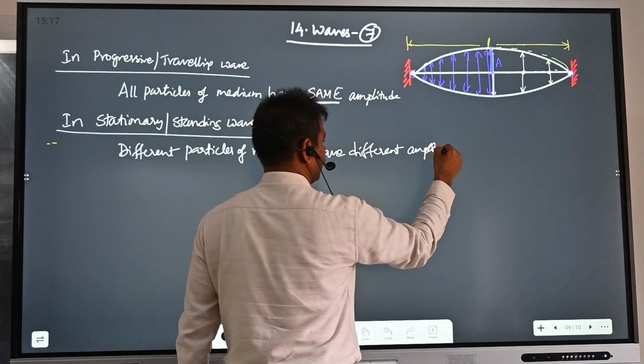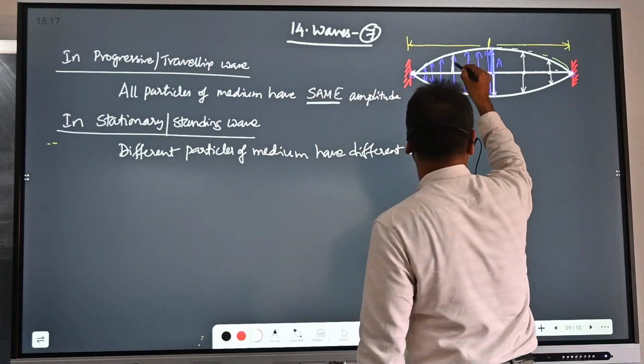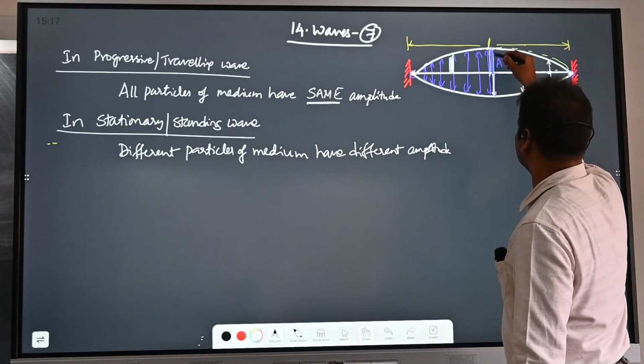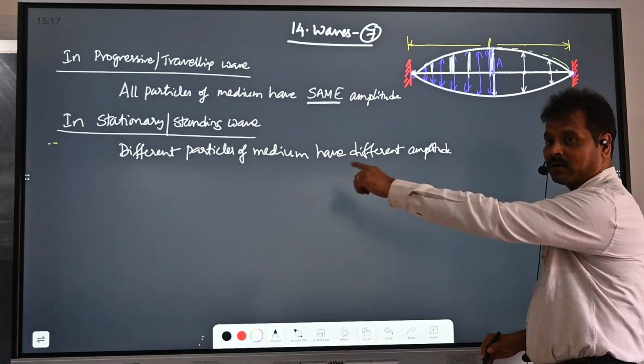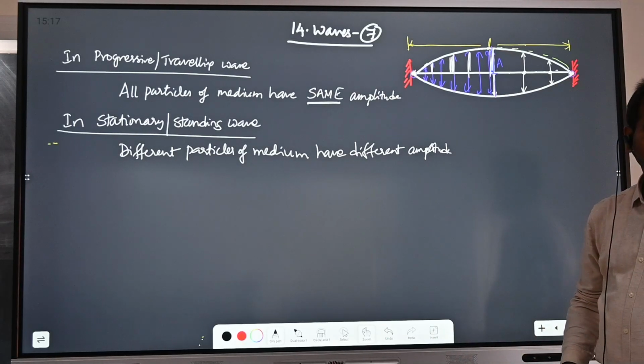Correct? This is the maximum displacement, different amplitude. This particle has a different amplitude. This particle has a different amplitude. Different particles have different amplitudes.